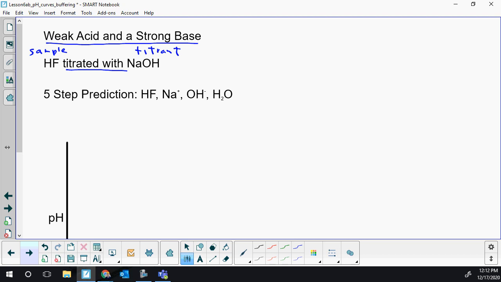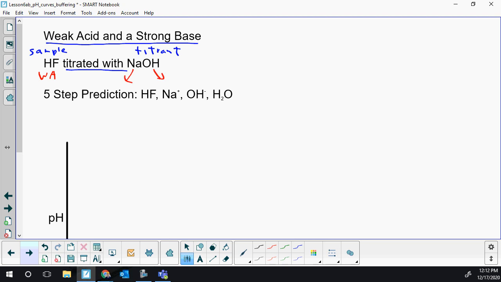This is important to know whether we start with a high pH or a low pH. I'll go through predicting the reaction. I've already written out all the possible chemicals we have in solution. The hydrofluoric acid, when you find that in your table, it's between the two gray lines. It's in the middle of your table, which tells me it's weak. When we get to the sodium hydroxide, that's ionic, so I want to split it up.